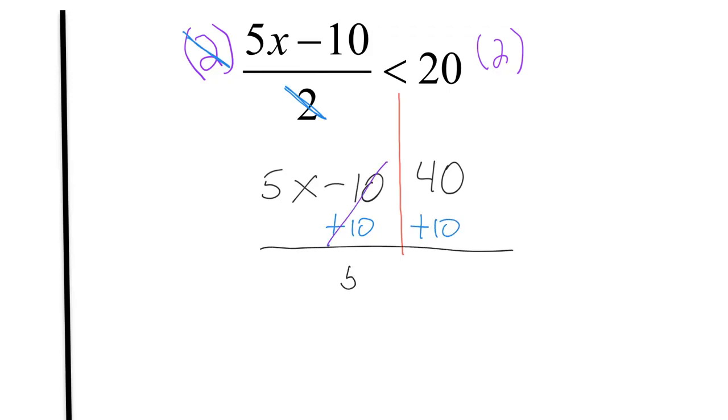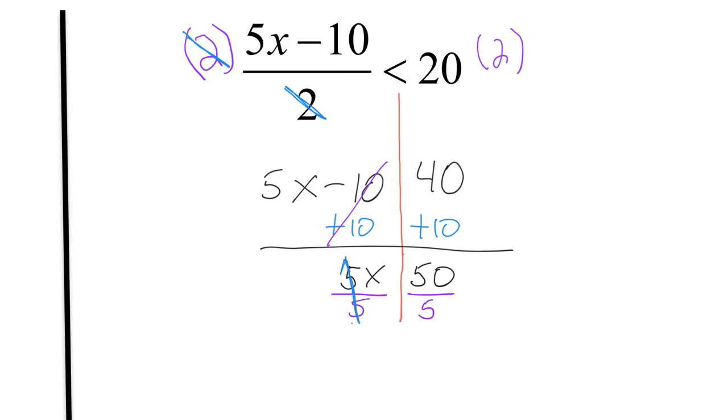You bring down the 5x here, and on the other side, you get 50. 40 plus 10 is 50. The next step, you want to eliminate that 5, the number next to the variable. Remember, these are multiplying, so the opposite, multiplication, is division. So I'm going to divide by 5 to get rid of that number. And on the other side, I also divide by 5. So this turns into 1.